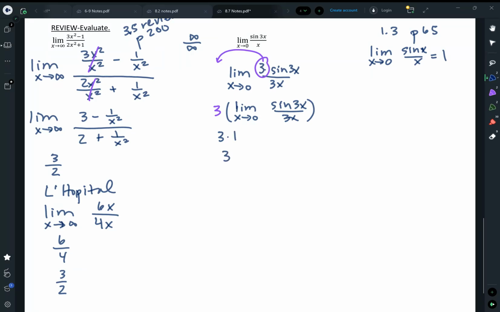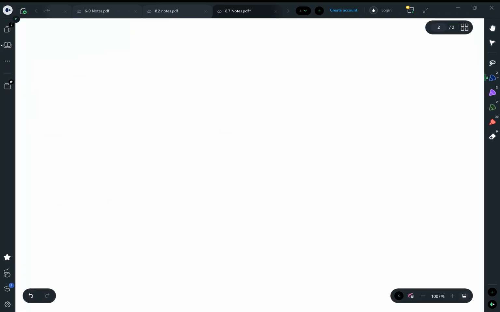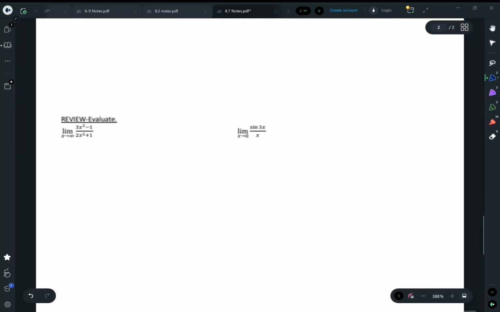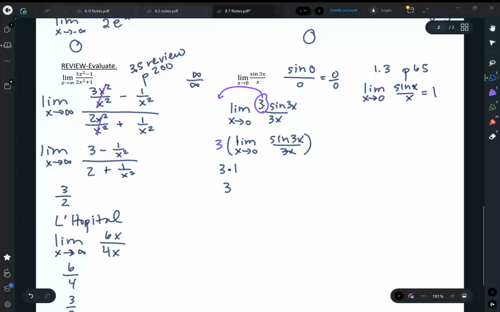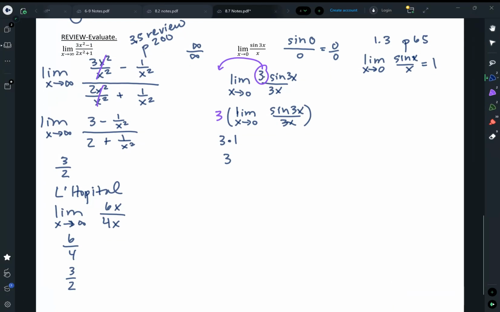So let's go back to the beginning and think about what if I actually substituted 0 in. If we substitute in 0, we'd have sine of 3 times 0, that's just 0, over 0. The sine of 0 is 0. So we have 0 over 0. It is indeterminate. Because it's indeterminate, I could actually also do L'Hopital's.